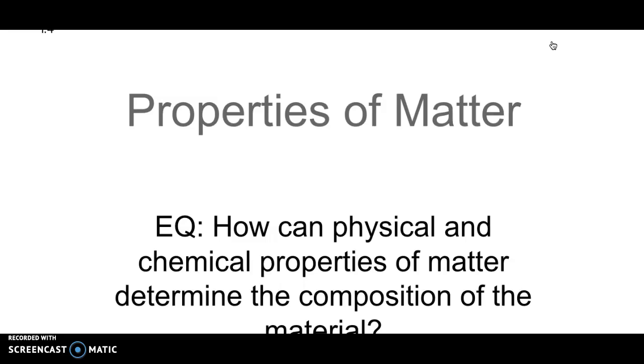So this is the properties of matter, unit 1.4, and we should be focusing on how physical and chemical properties of matter determine the composition of the material.